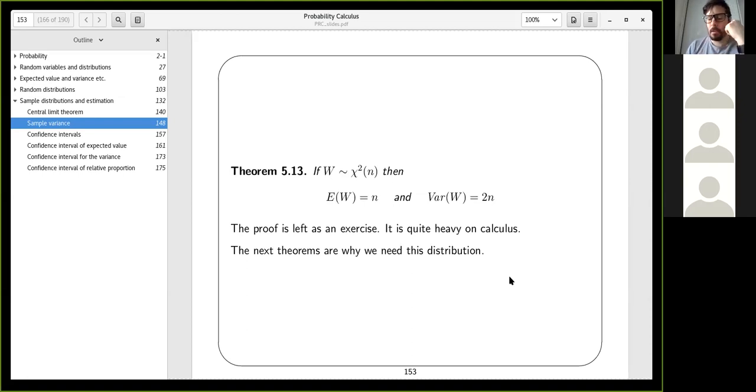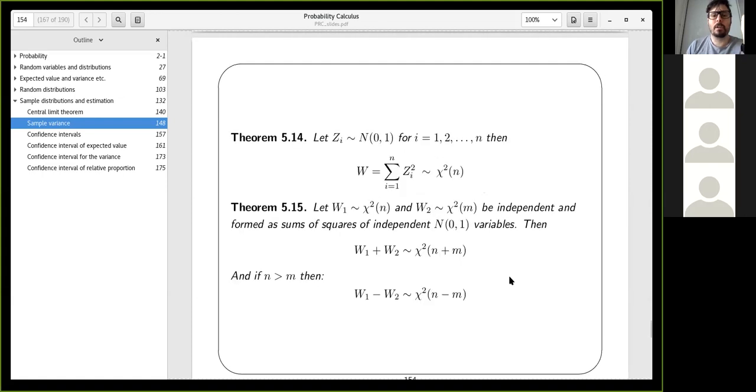So why do we need this distribution? First of all, if we have n variables that are 0, 1 normally distributed, then the sum of their squares is chi-squared n distributed.